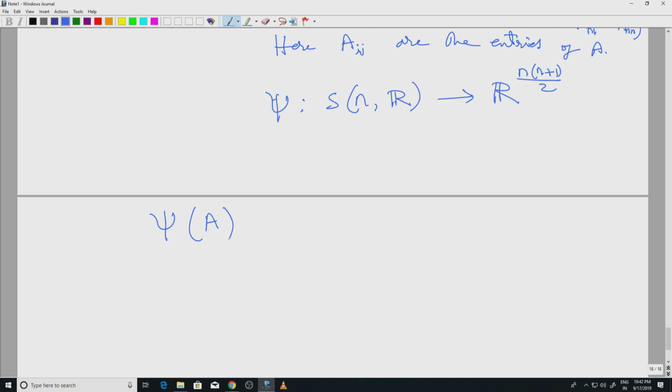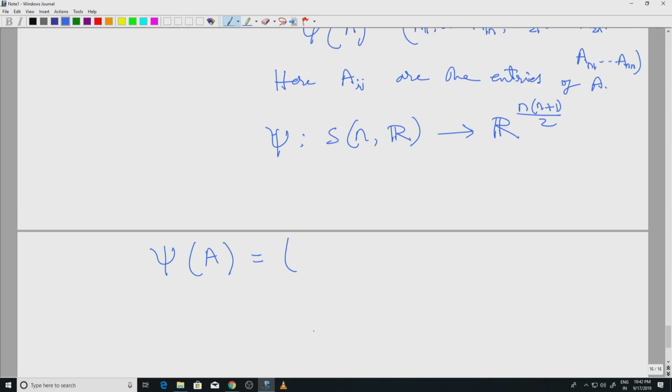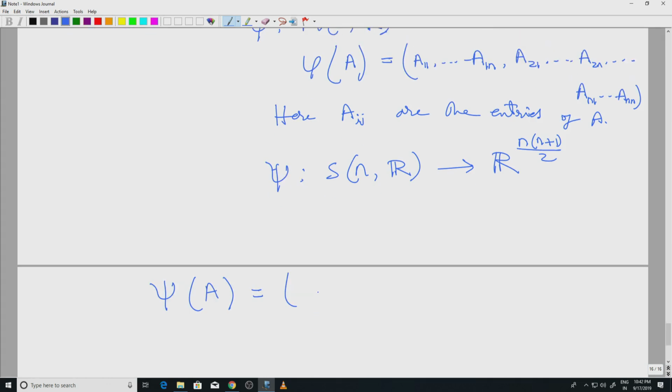And this map, again I start with a matrix. This time the matrix A is going to be symmetric. Instead of laying out all the rows of A side by side, I use the fact that symmetric just means that if you reflect the terms above the diagonal along the diagonal, you get the terms below the diagonal as well.